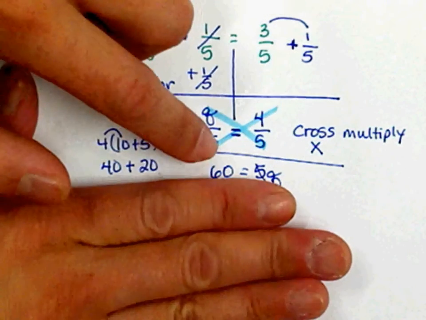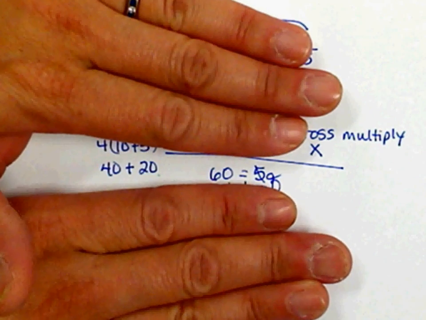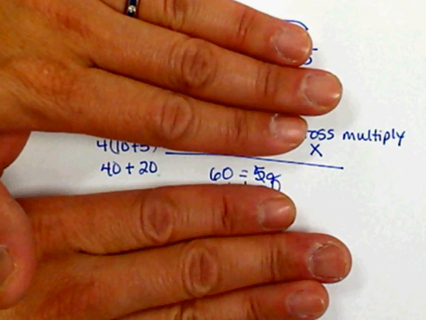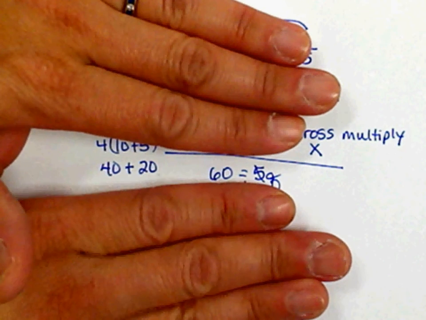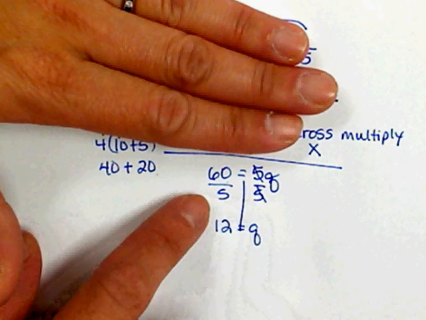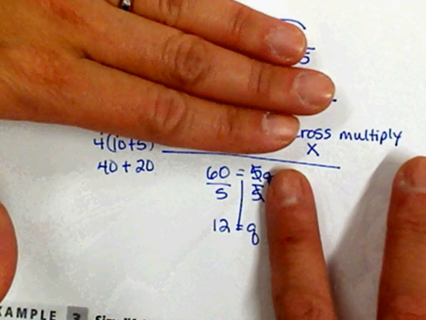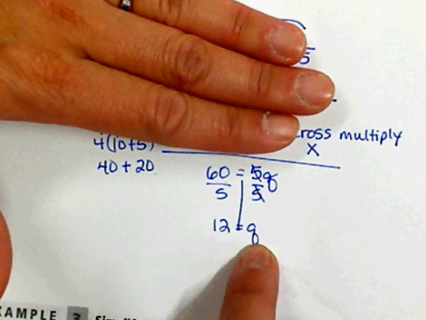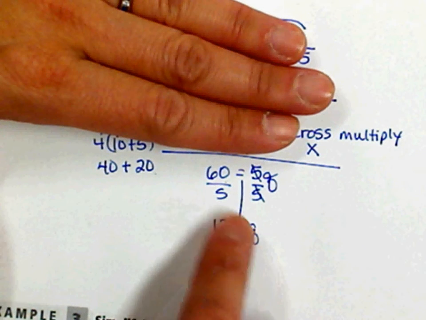And now I'm solving for Q, 5 times Q, right? Opposite of multiplying is divide. What you do to one side, you do to the other. And then that cancel leaves you with a Q. And 60 divided by 5 is 12. Yeah. You got it?